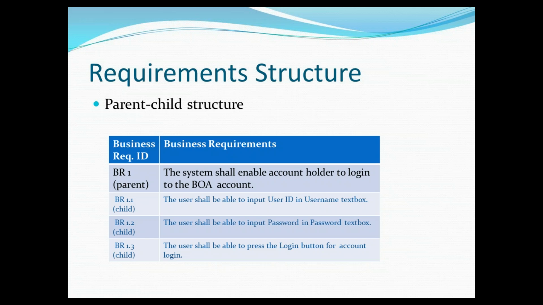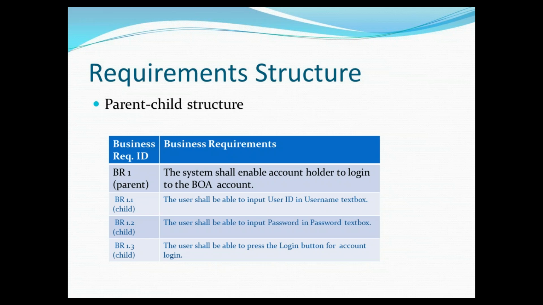We are trying to enable a user to log into his system. And how can the system enable him to do that? He should be able to input his username, input his password, and press the login button. As long as he's able to do all of those things, he will be able to log in.